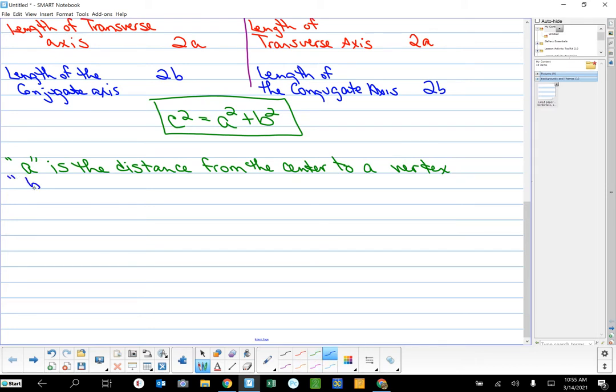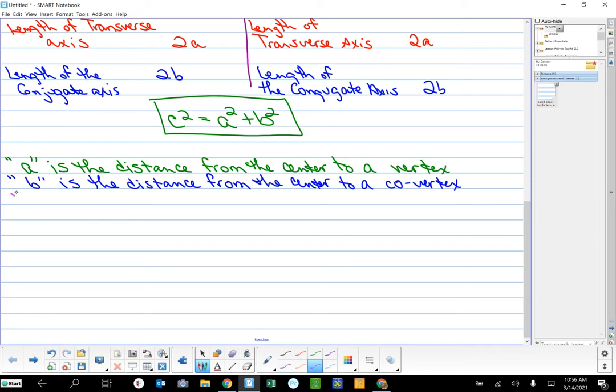Okay, B is the distance from the center to a covertex, which don't really exist unless you graph these manually, which again, I'm going to show you how to do.